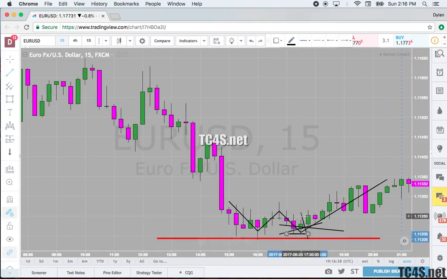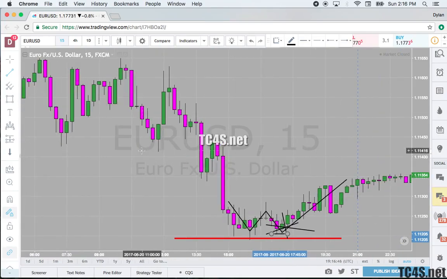That's going to be your goal in the future, to catch this lowest point here and then have a stop loss as small as possible. If you caught this lowest point here, your stop loss could have been less than 2 pips.